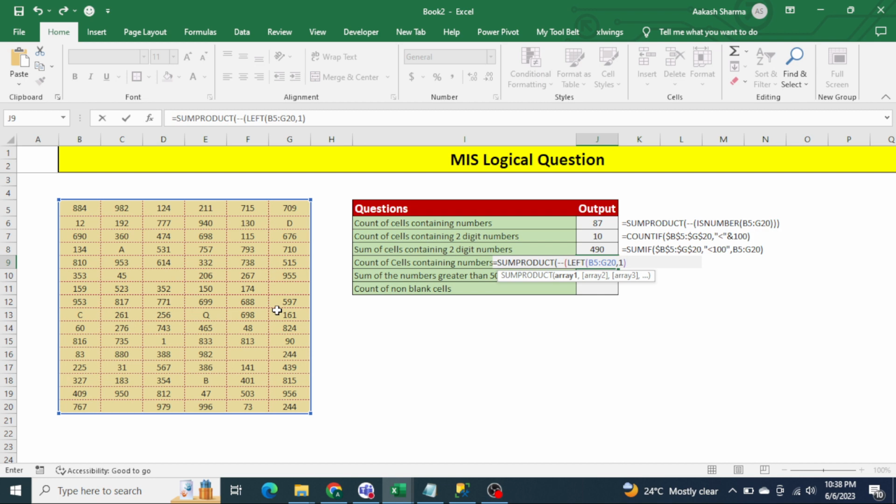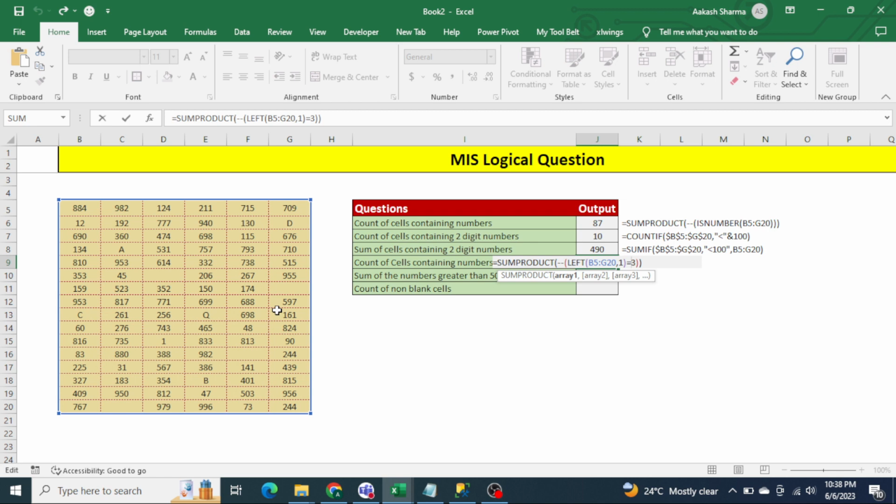If that is equal to 3, then I want the count.